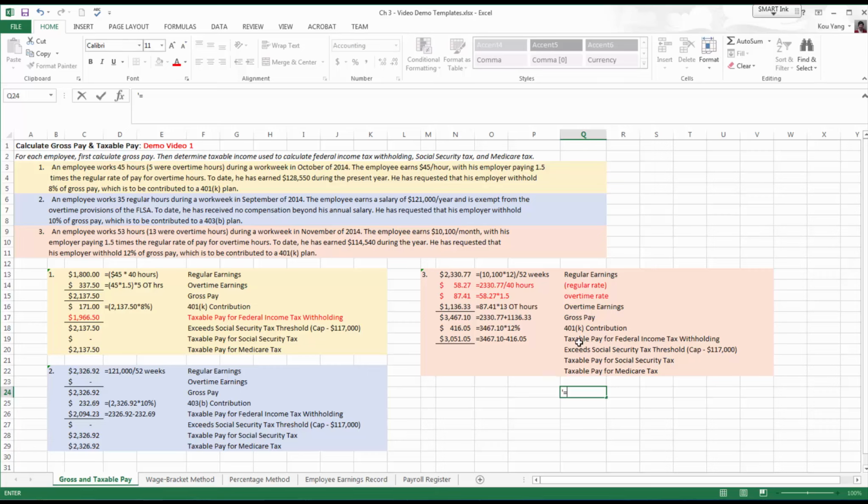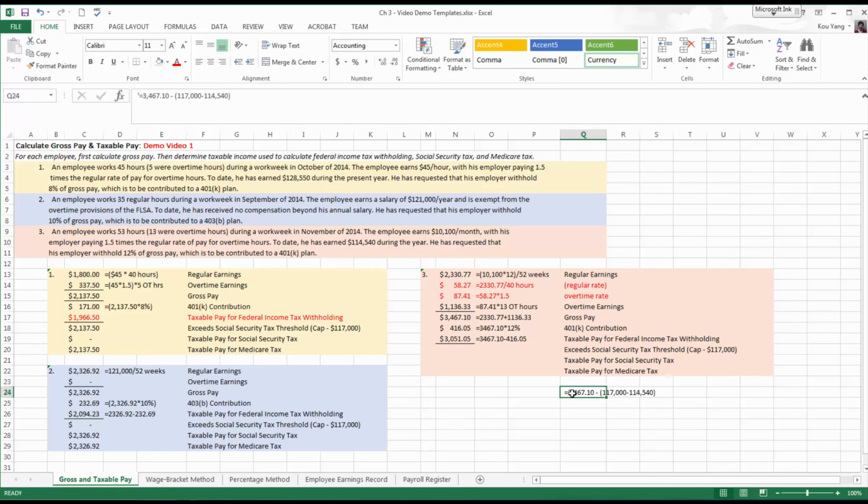I'm going to go ahead and take his salary, or the amount of gross pay for this period. I'm going to subtract the difference of $117,000 from what he's made so far up to date.